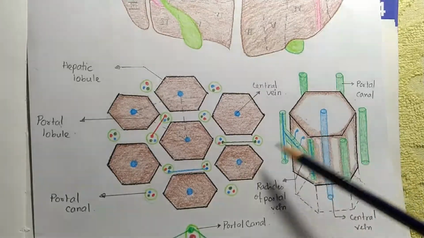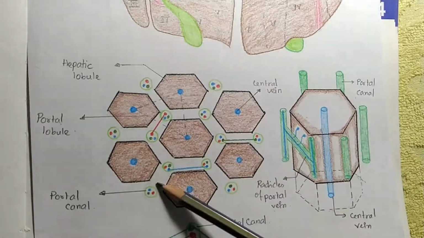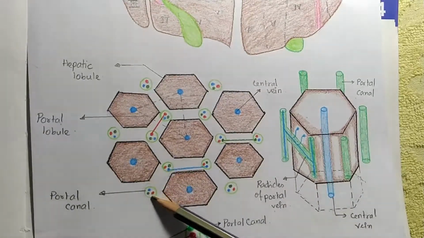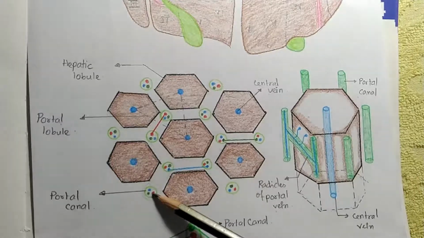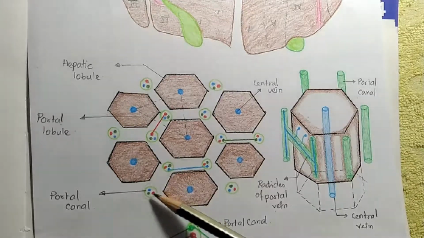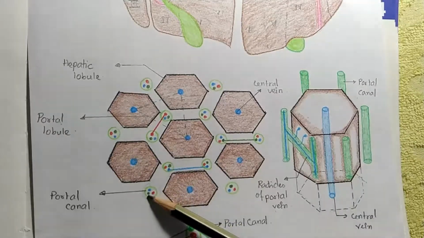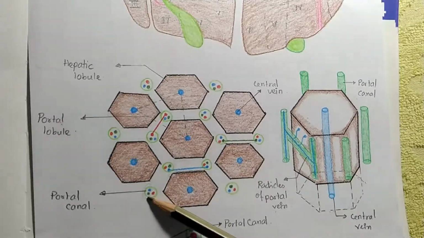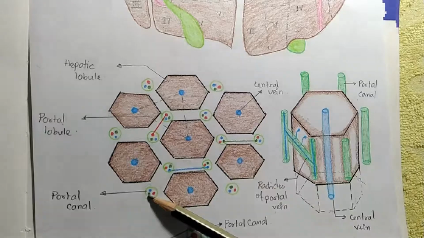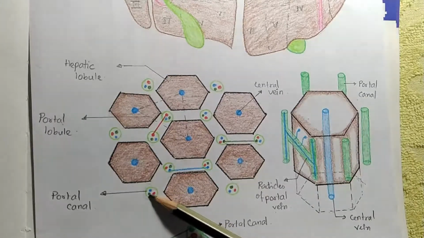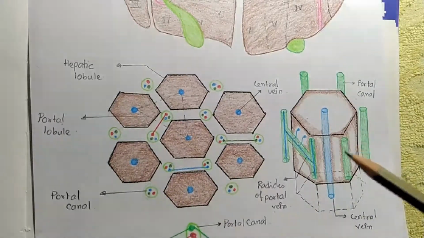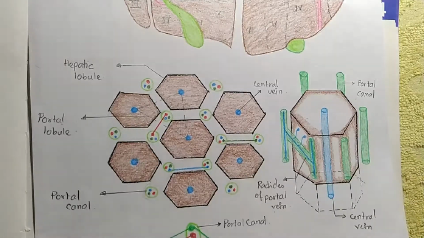In the portal canal there are three structures: the branches of the hepatic artery, the branches of the portal vein, and the branches of the bile ductule, that means a channel of the biliary tract.